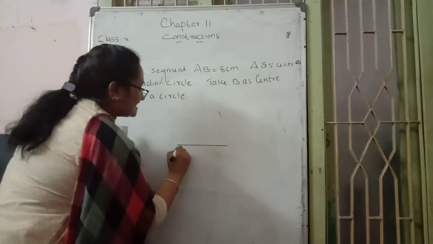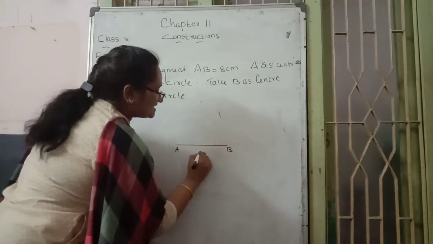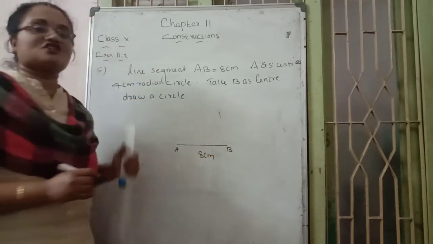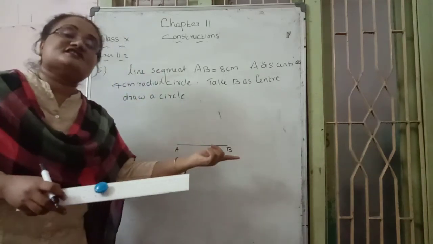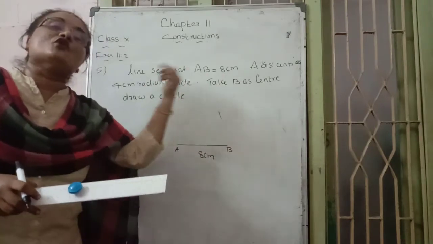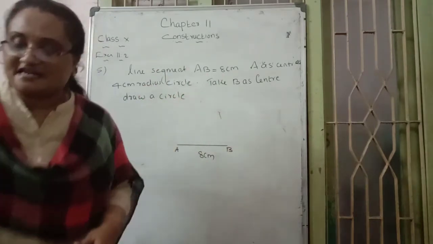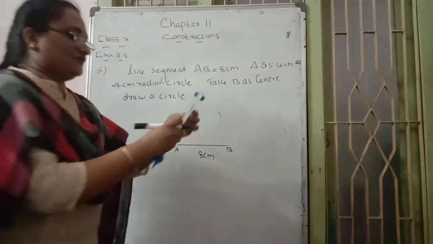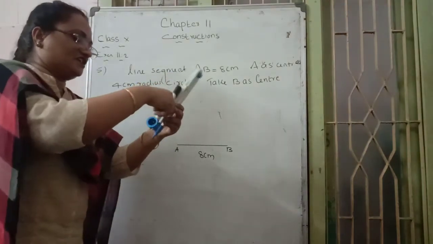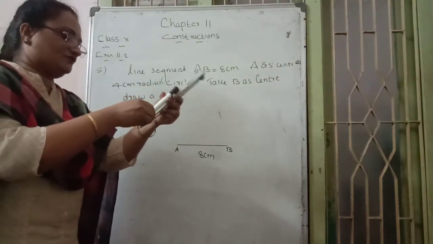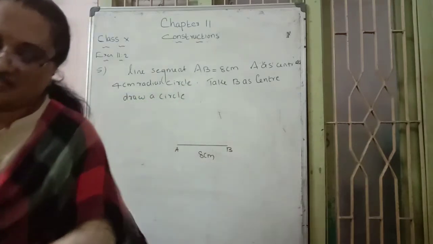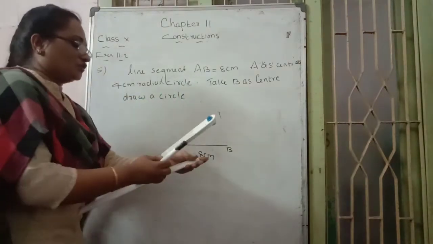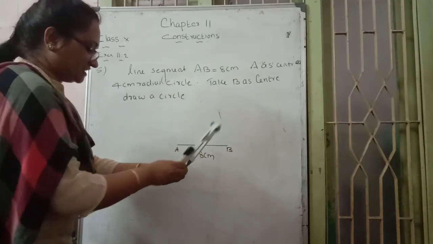Mark it as A and B. Next, what they are telling: A as center, draw a 4 centimeter circle. That's why first we take 4 centimeters and draw a 4 centimeter circle. So measure 0 to 4 centimeters.